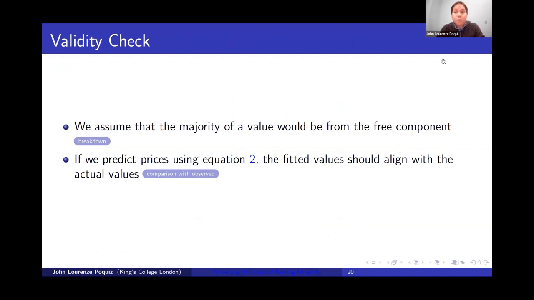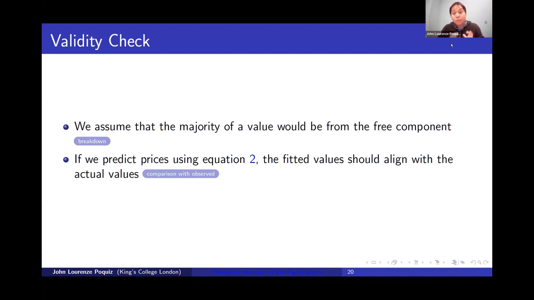How do we know that what we are getting is valid? We make two assumptions. First, we assume that the majority of the value would be coming from the free component rather than the paid component, because when you're paying for email, you're not paying just to change your domain name.